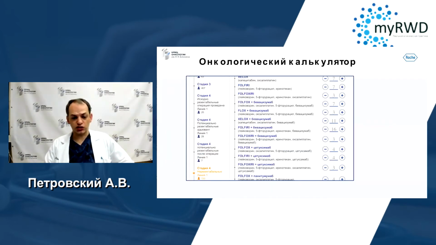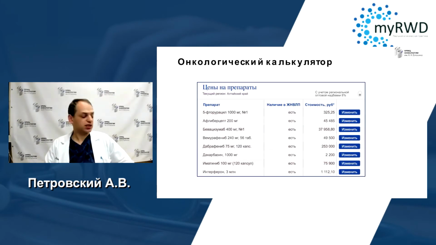So these calculators helped to calculate the amount of money. But if we start calculating by this calculator, then the federal oncology program will never ever compensate these costs that were needed for the treatment of oncology patients.